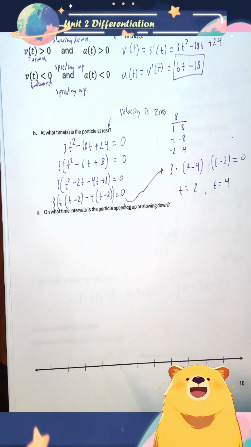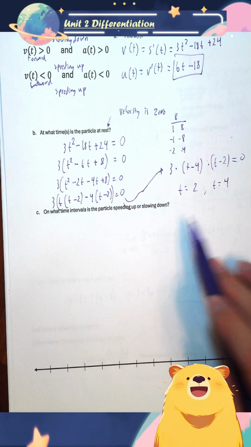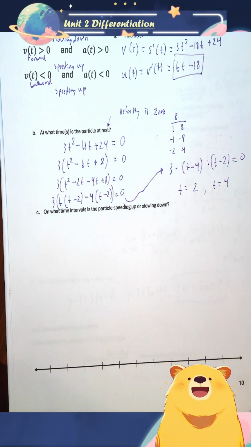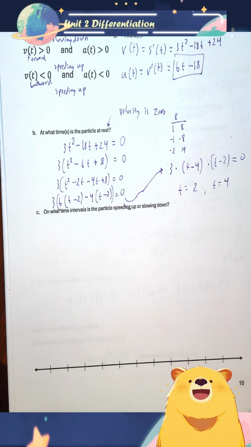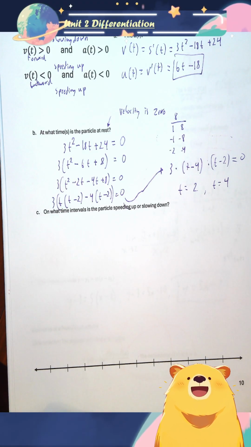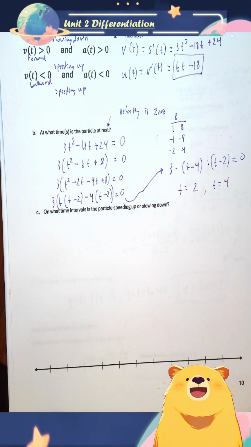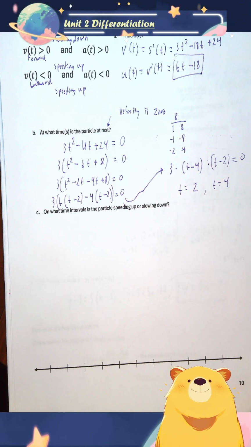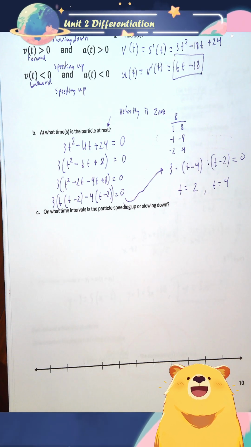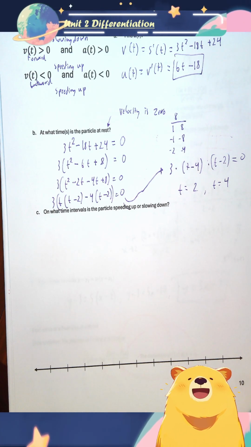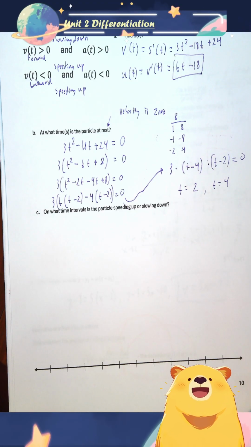Now, this tells me that at these 2 points, our particle has the potential to shift from being positive to negative. So C says, on what time intervals is the particle speeding up or slowing down?